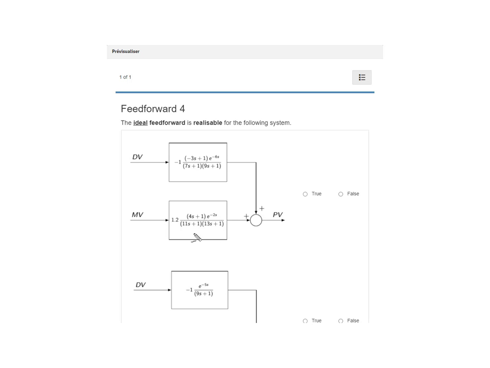But here we see that in the process all the time constants, the lead time constant and the 2 lag constants, are positive, so all the poles are stable and the zero is stable as well, so you cannot cancel anything that is unstable. So you cannot have unstable pole zero cancellations. So in this case the ideal feed forward is indeed realizable.